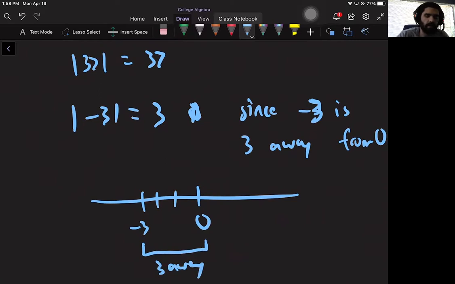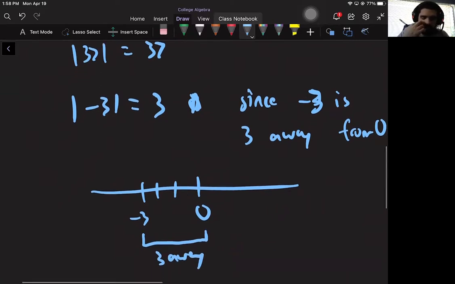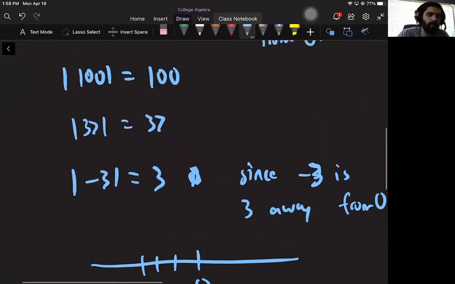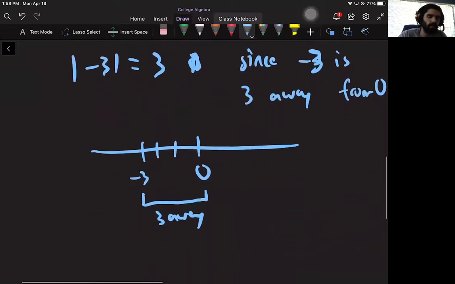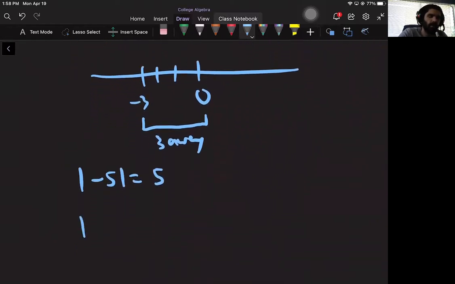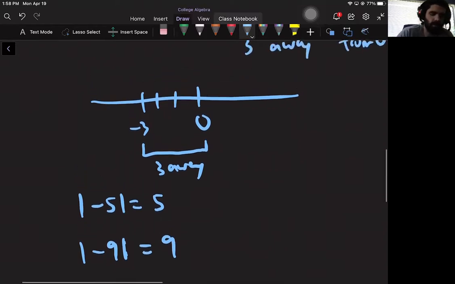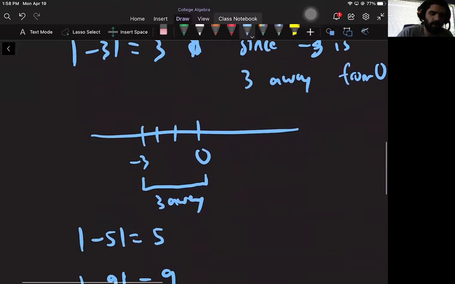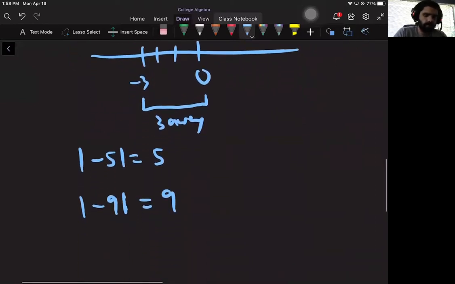It doesn't care that it's to the left or to the right, just that it's 3 away. So a negative number is going to turn into the positive version, is the idea. This is like a shortcut that people use. They just think, oh, it makes everything positive. But that sort of doesn't help us later. So don't think about it like that too much. We really want to think about it as distance.